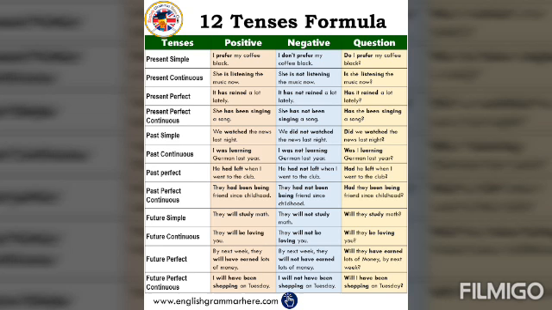I have received the letter just now. I have posted the letter just now. I have visited my friend's house already. All these are represented by have and has plus past participle, which we mainly use for creating the present perfect tense. Has plus past participle or have plus past participle. Has is mainly used for he, she, it, especially the third person singular.